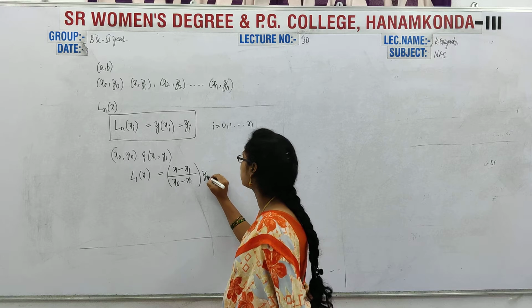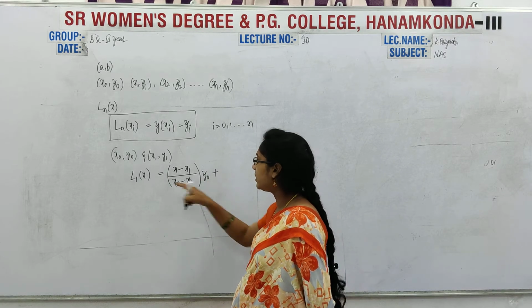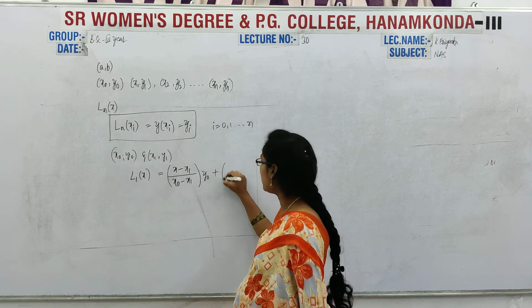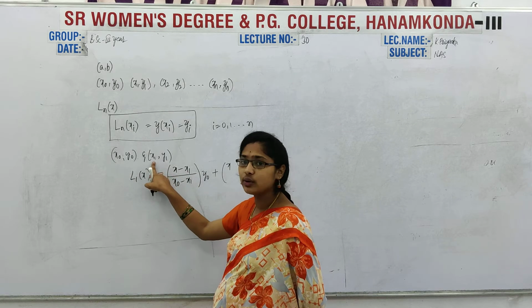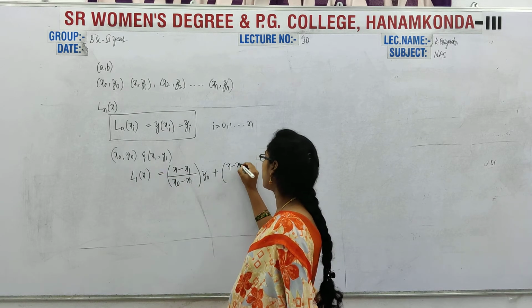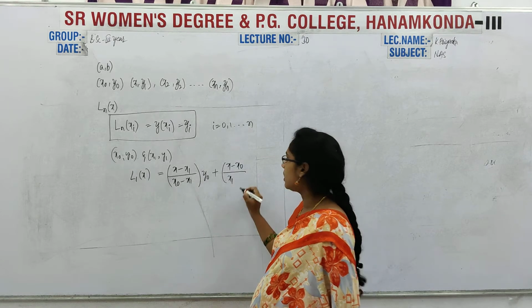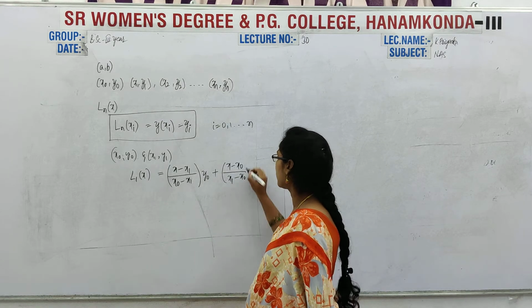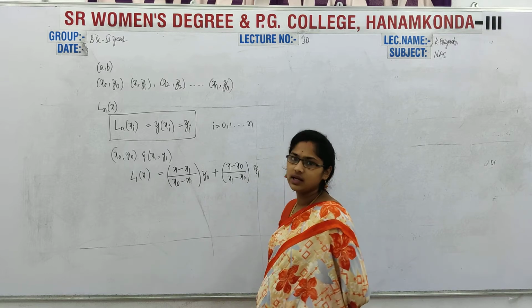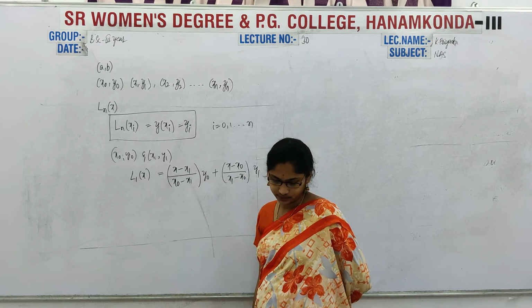So here y naught plus, here we have another point now. So x minus, here we have to ignore x1. That means x minus x naught by, in the denominator, x1 minus x naught, into y1. Box it. This is the formula.